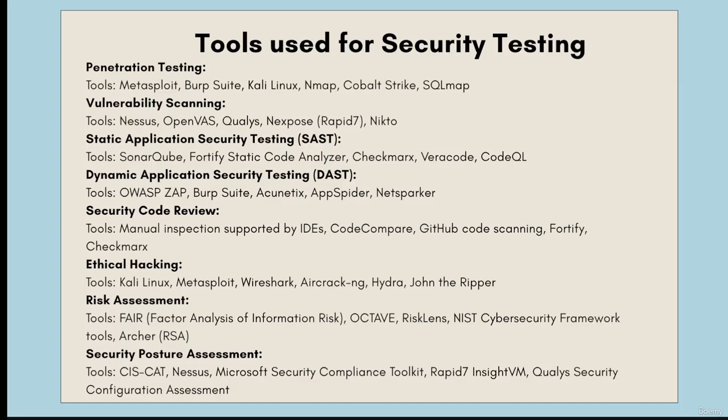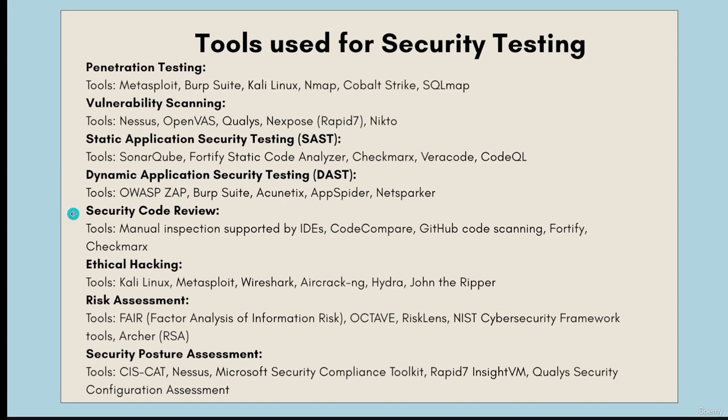For static application security testing, we have SonarQube, Fortify Static Code Analyzer, Checkmarx, Veracode, and CodeQL. For dynamic application security testing, also known as DAST, we have OWASP ZAP, Burp Suite, Acunetix, AppSpider, and Netsparker.